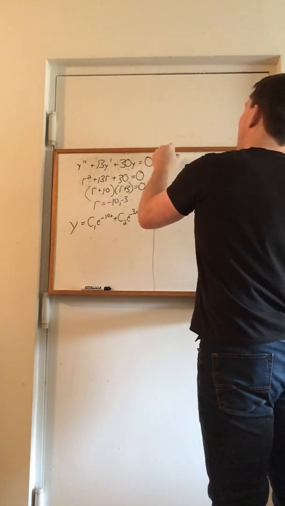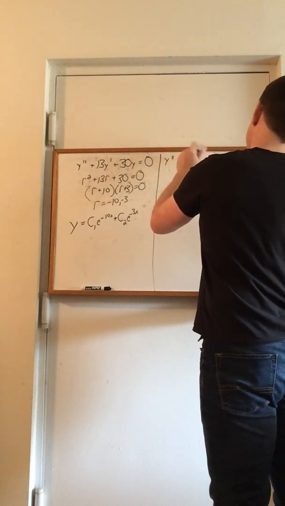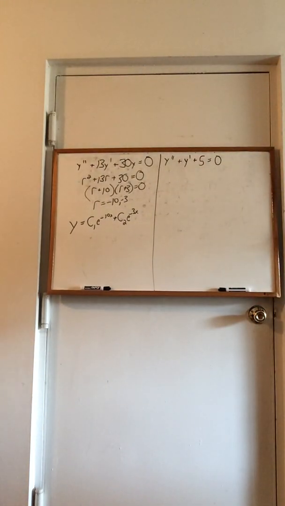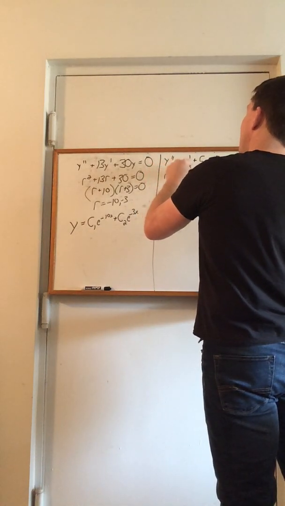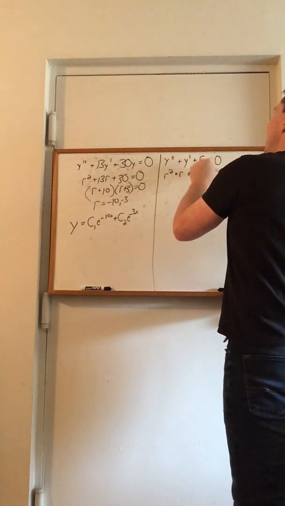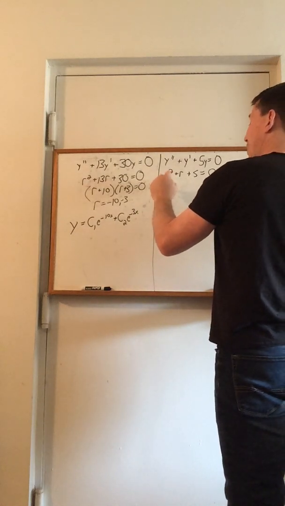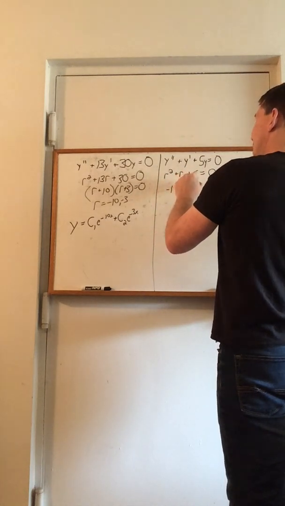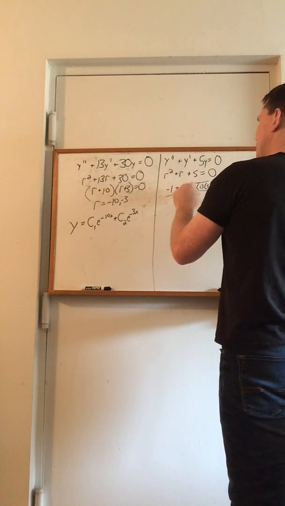So suppose we have y double prime plus y prime plus 5y equals 0. It's homogeneous again. I look at the characteristic equation, r squared plus r plus 5 equals 0, which is clearly not going to factor, so I go with the quadratic formula: negative 1 plus or minus the square root of 1 squared, which is 1, minus 4 times 1 times 5, all over 2 times 1, which is 2.